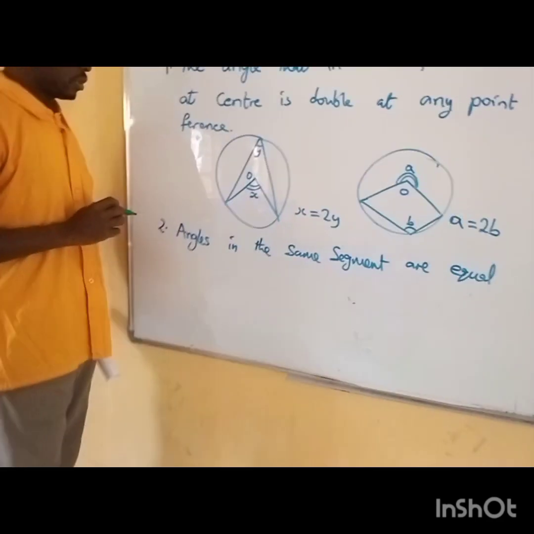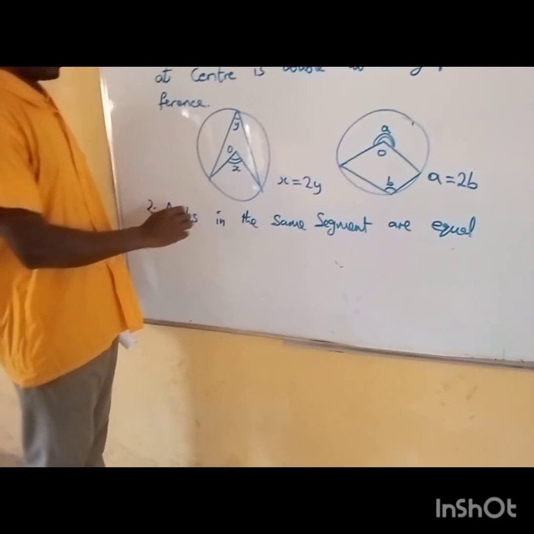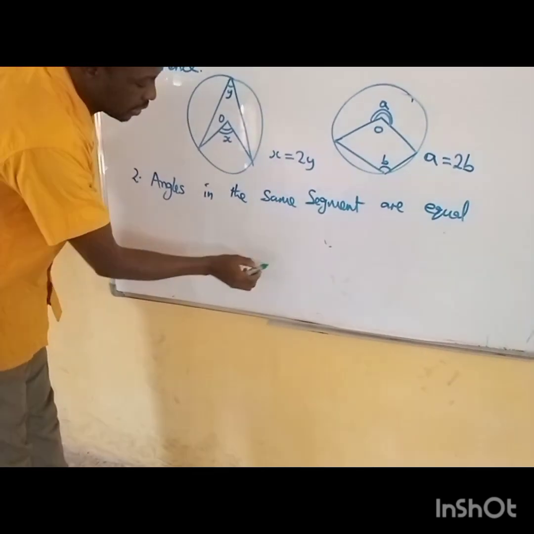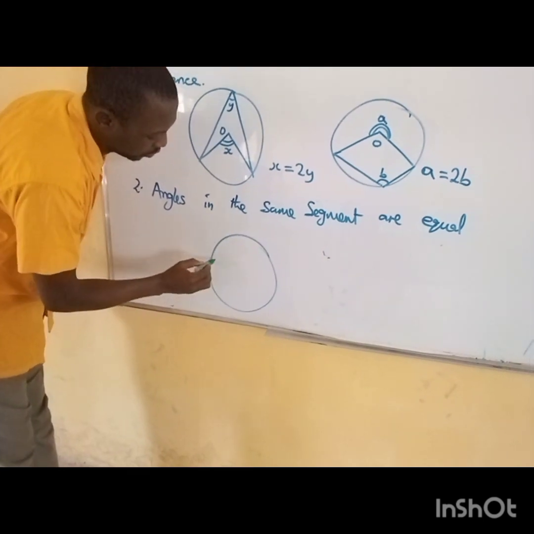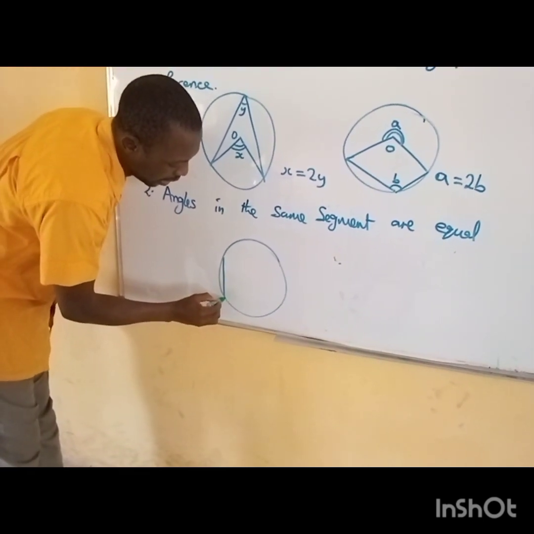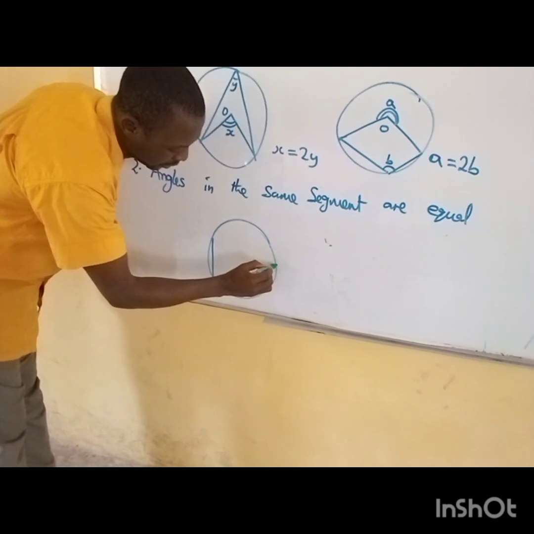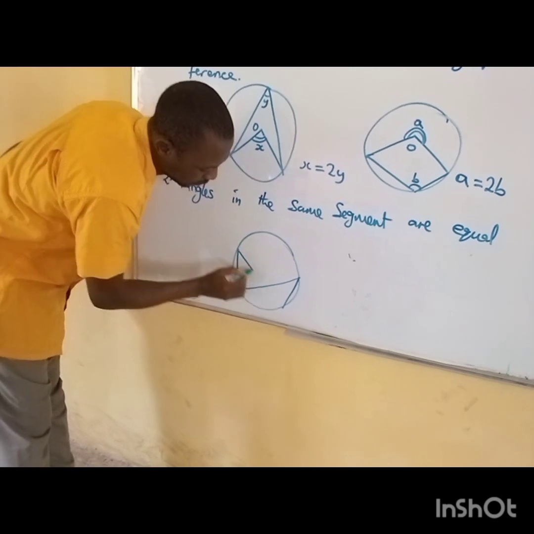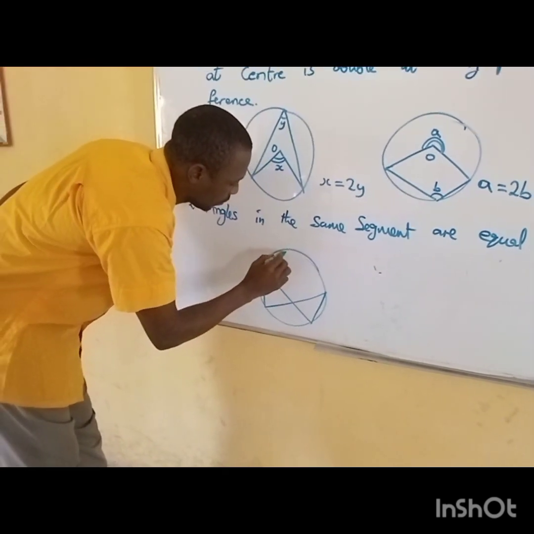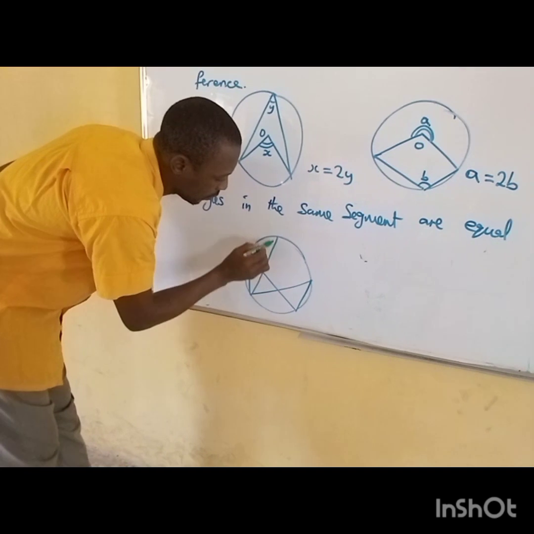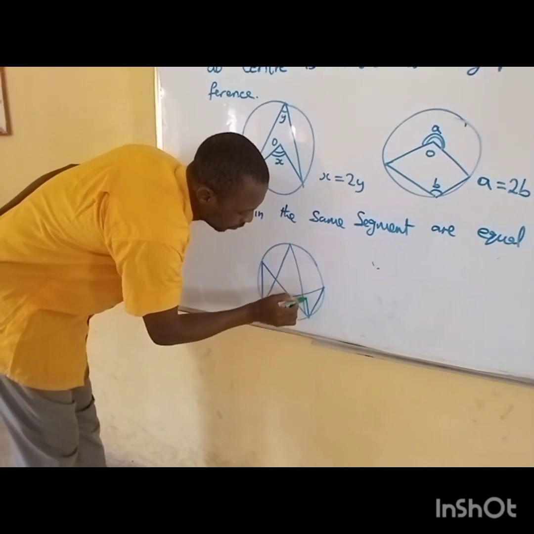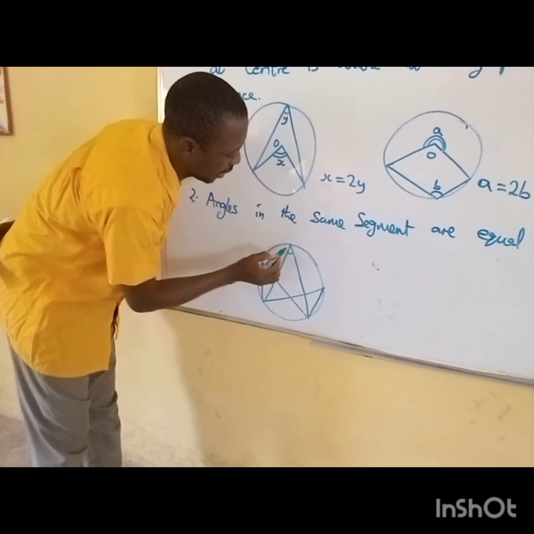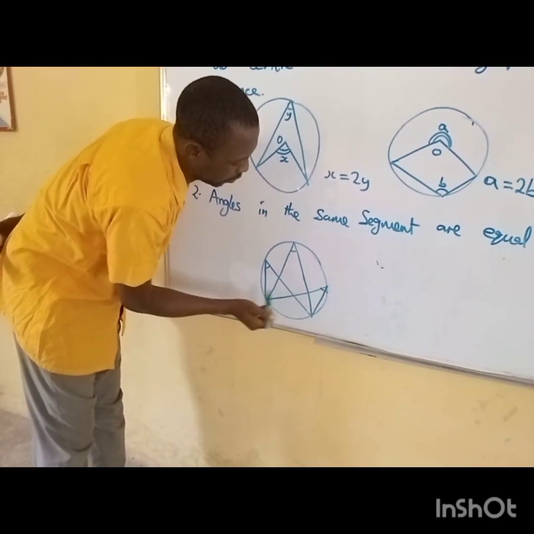And the second theorem says angles in the same segment are equal. This means if we have a circle this way and we have an angle like this, and there's an angle here, there's an angle here, and there's an angle here.